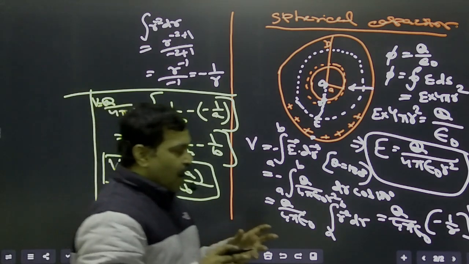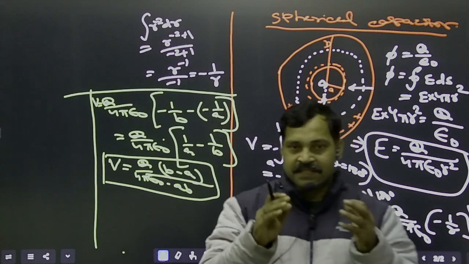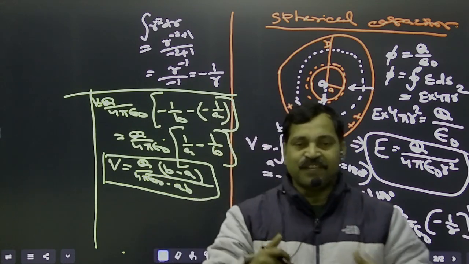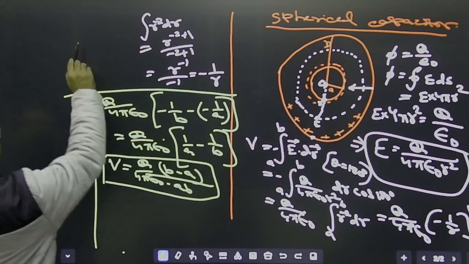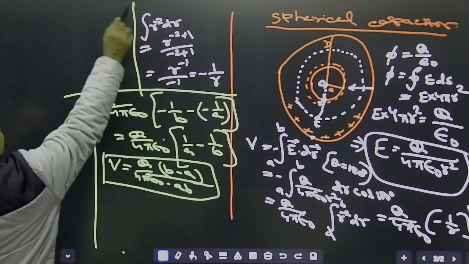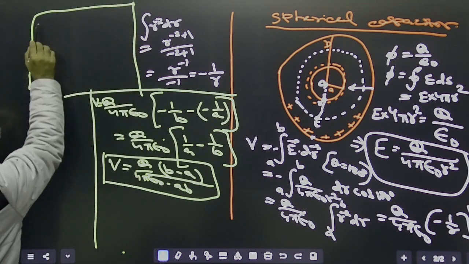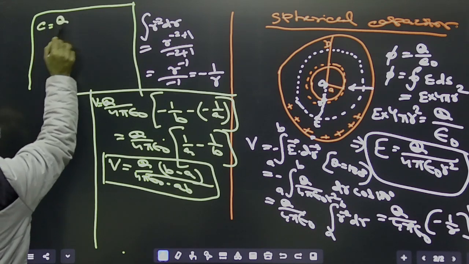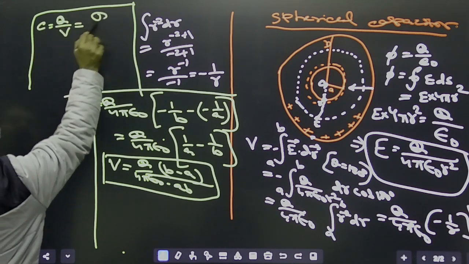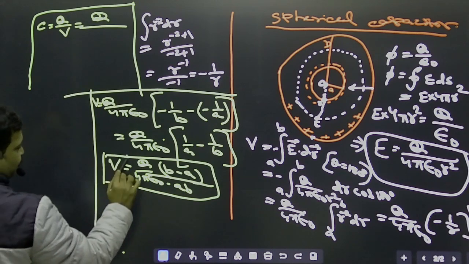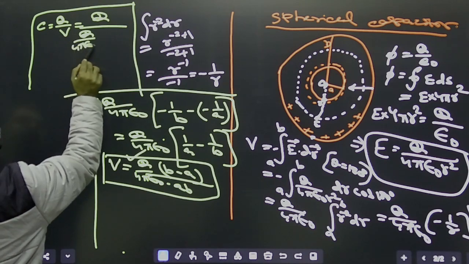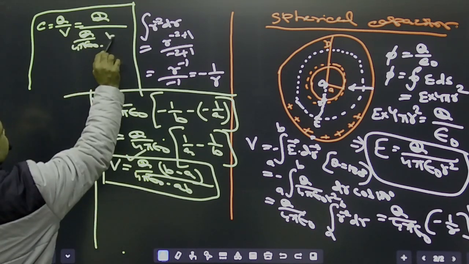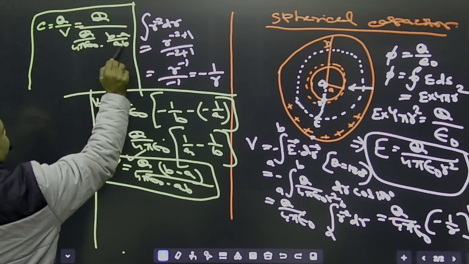Now how do we find the capacitance? The capacitance is Q by V, so we'll use that formula. The capacitance C will be equal to Q upon V. In place of V we can use this expression, so this will be Q by 4 pi epsilon naught times (B minus A) by AB.